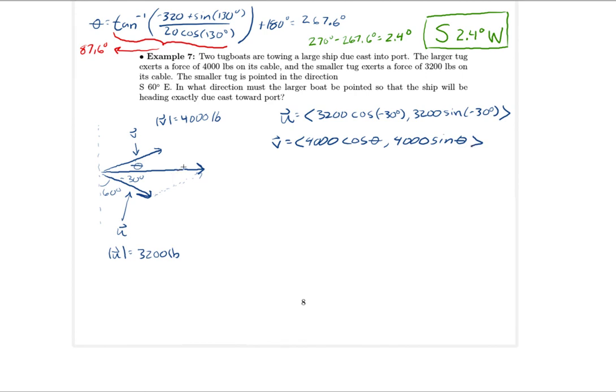And then we know that this vector that we're trying to make, this is u plus v, right?